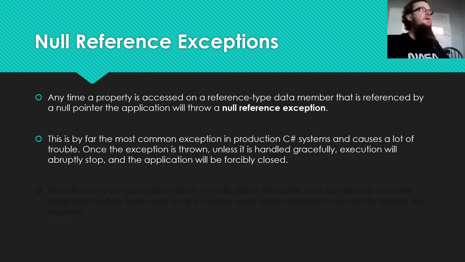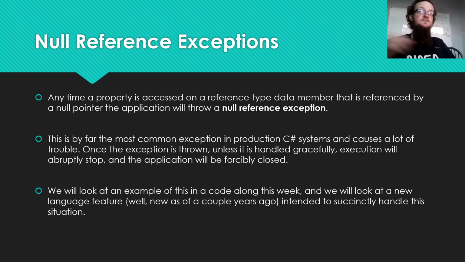So these are the most common source of breaking changes, for example, and they're a huge headache. They're such a huge headache that next week, when we talk about advanced language features or language syntax, we're going to look at a specific thing called null propagation, which helps you get around this situation and suppresses null reference exceptions a little bit to reduce the amount of null handling code you have to generate.